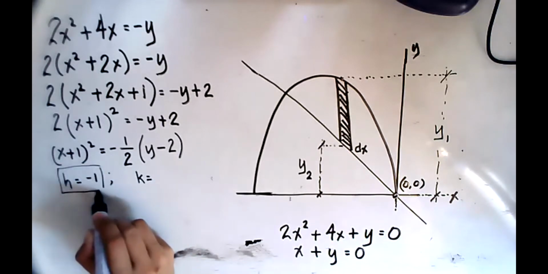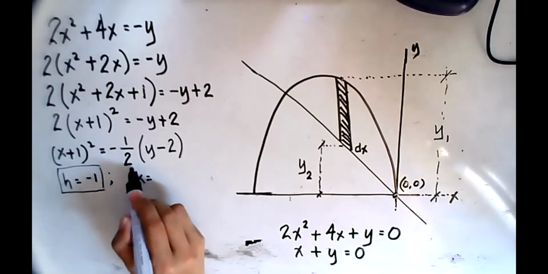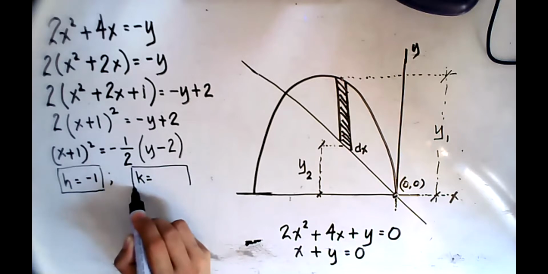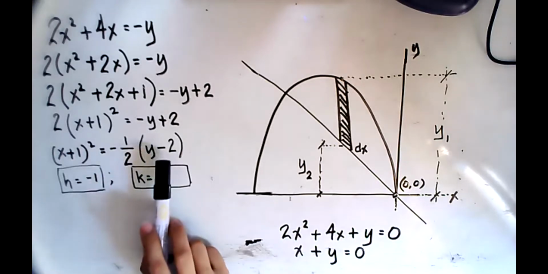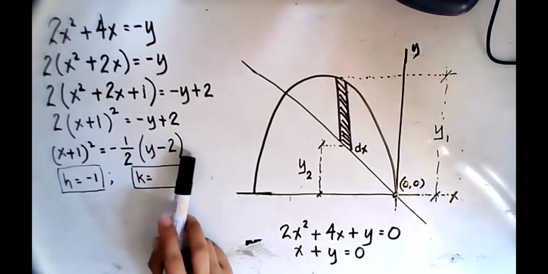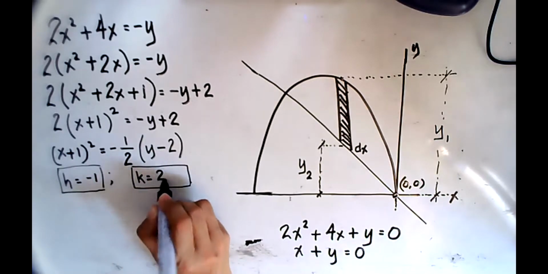Since you have the value of h, which is negative 1, what about the value of k? Positive 2. Positive what? Positive 2. So we are just going to equate y minus 2 is equal to 0. So k is equal to positive 2.